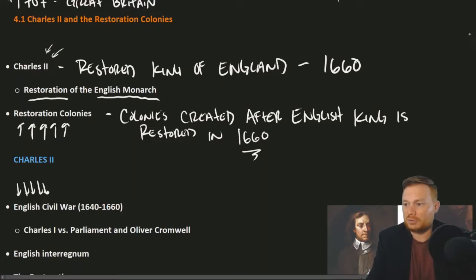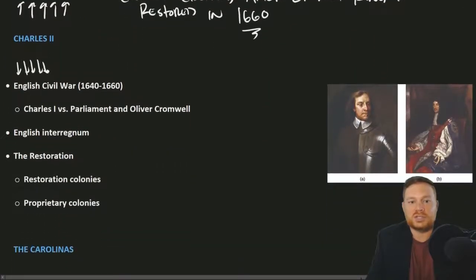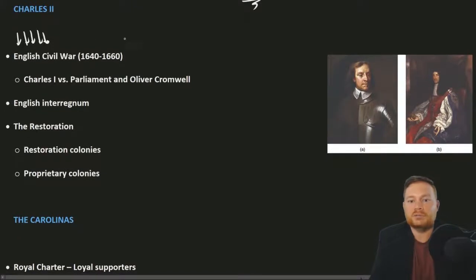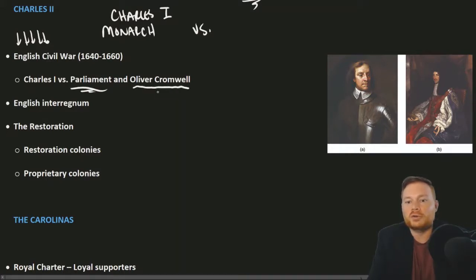So the English Civil War was something that we talked about earlier. Just to give a brief rundown of it, the English Civil War was between the monarch at the time, that monarch was Charles I, versus Parliament, right? A group of nobles and Oliver Cromwell, who you see pictured right here. This is Cromwell.